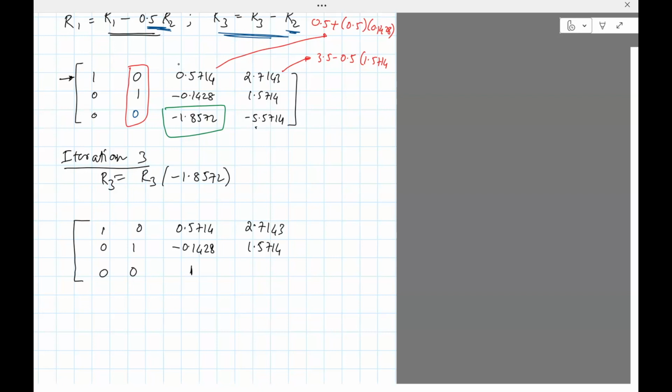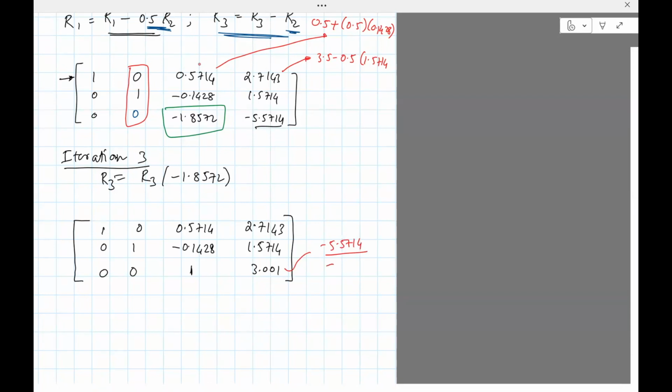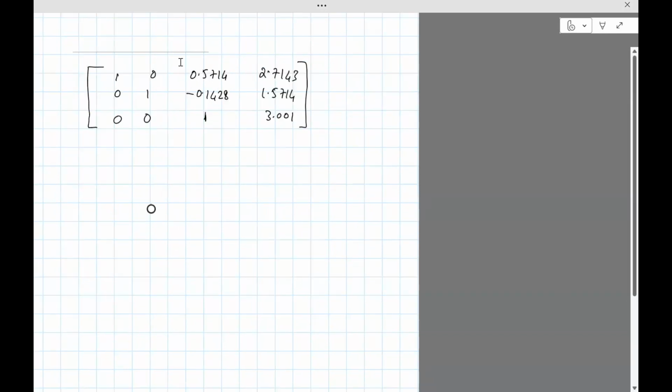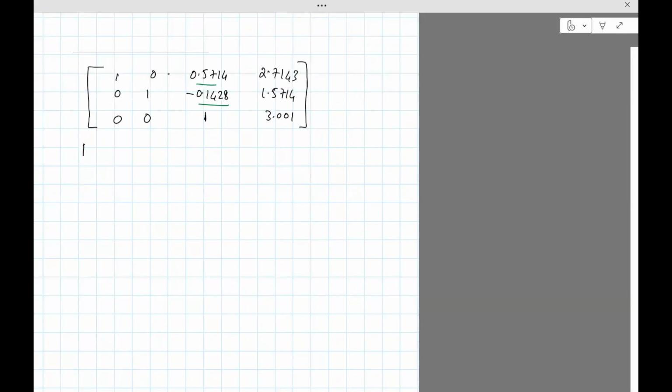And then 5.5714 divided by 1.8572 is 3.001. We'll write it down. The next step is to get rid of these two. So what we do here is we do two calculations.